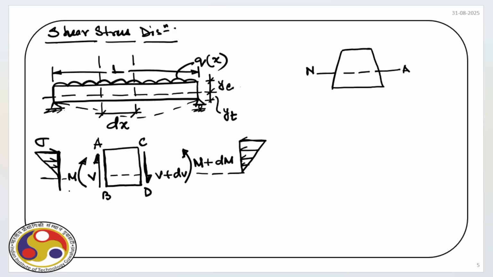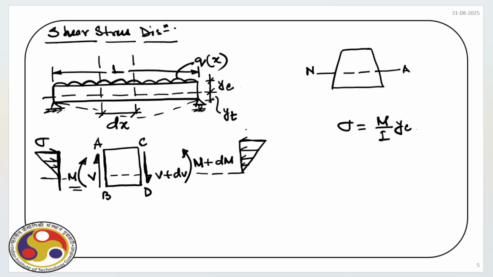Obviously, on the left face, that is over the face AB, the bending moment is M, and we can evaluate sigma as M by I times YC.